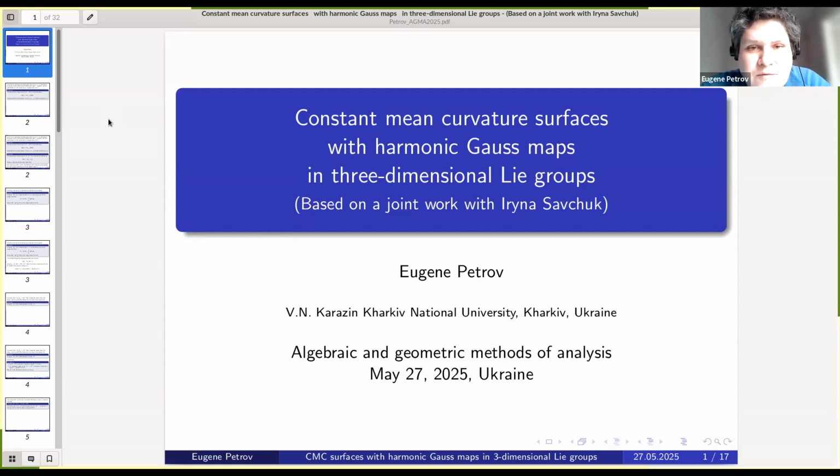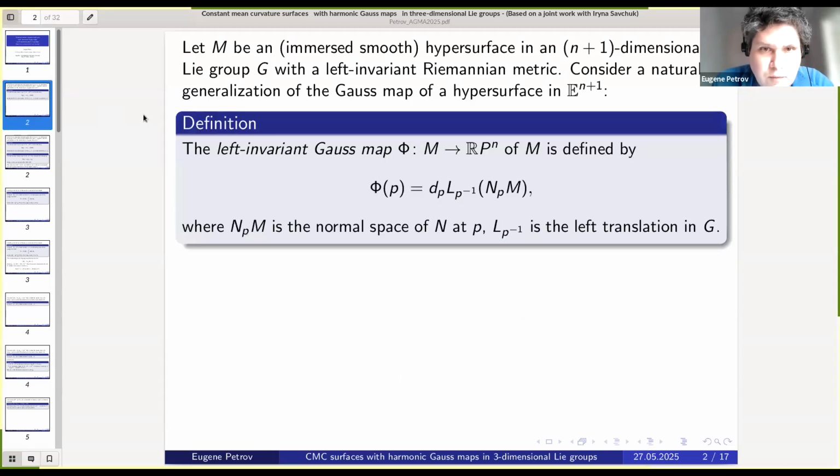My talk is devoted to the Gauss map of surfaces in three-dimensional Lie groups. It's based on joint work with my former student, Elena Savchuk. Usually when we define a Gauss map of a hypersurface, say in Euclidean space, we talk about parallel translation.